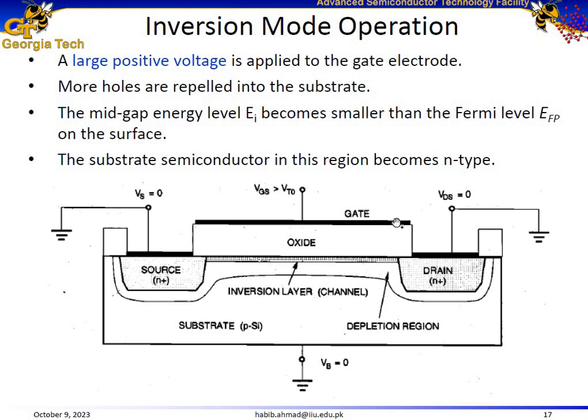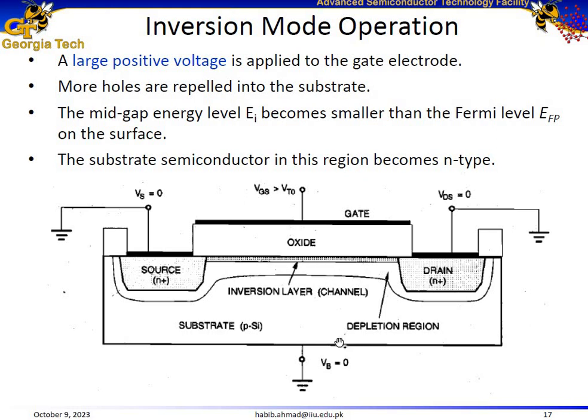So we have a heavily doped polysilicon gate. Then we have silicon dioxide. Then for an n-type MOSFET, the substrate would be p-type and the drain and the source would be n-type. Then in order to connect the drain and the source, we actually need a channel of electrons.